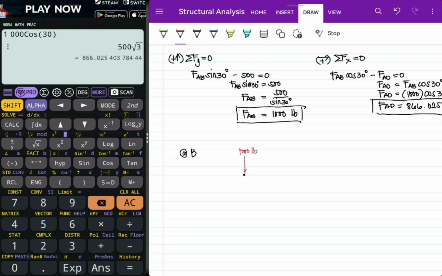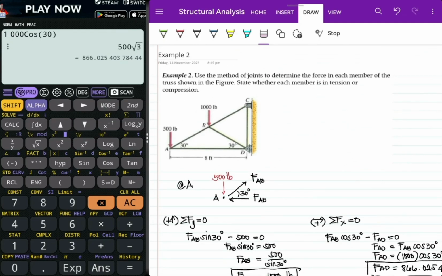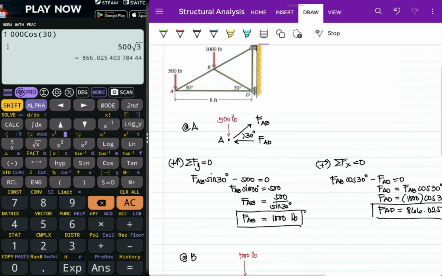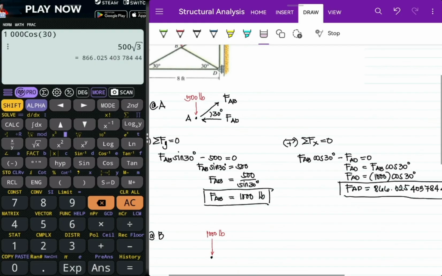1,000 pounds. By the way, as provided in the problem, we are also to determine or state whether our member is in tension or in compression. For AB, we assumed that it's away from the point, so our assumption is correct. AB is indeed in tension.